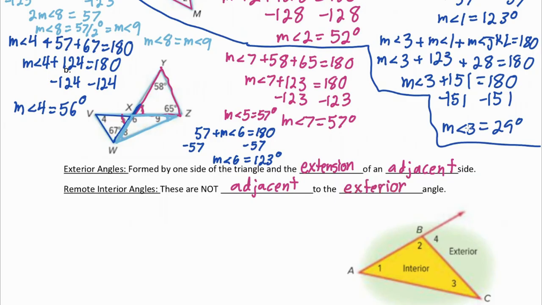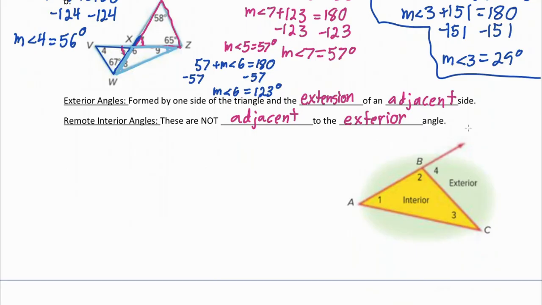Okay, so what this means is angle 4 is an exterior angle because I can extend one side and that creates that angle 4. So angle 4 is an exterior angle. Okay, and then we can talk about remote interior angles.